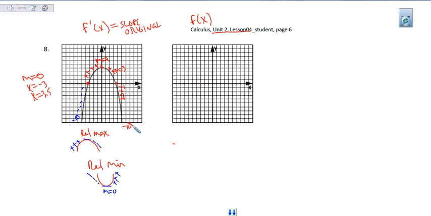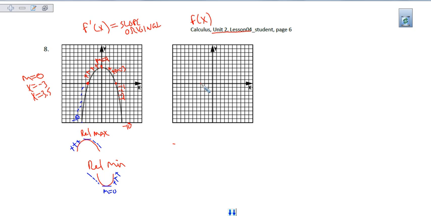So let's take a look at some possibilities here. If we start here, we notice that the original function has a relative minimum right around here, at 3.